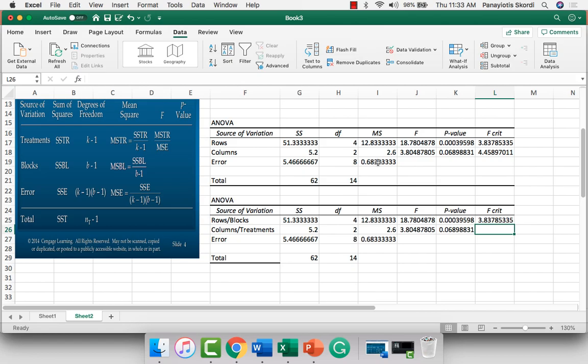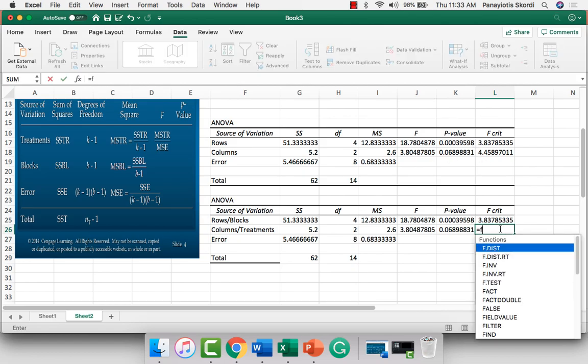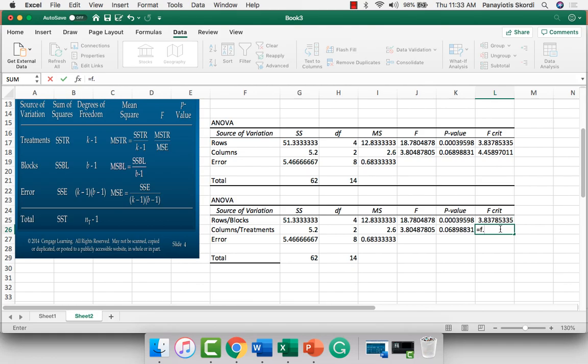That's going to give us the 3.83. Likewise, for this one, we're going to use F.INV.RT. The probability again is 0.05. The degrees of freedom this time are 2 and 8, giving us the value we have above.